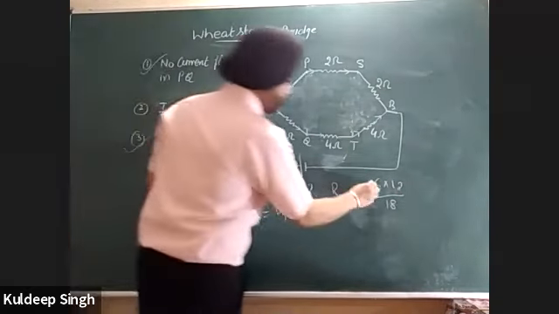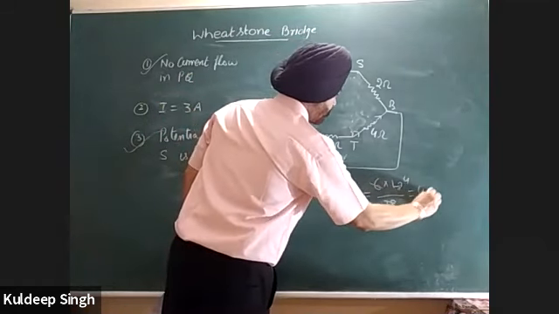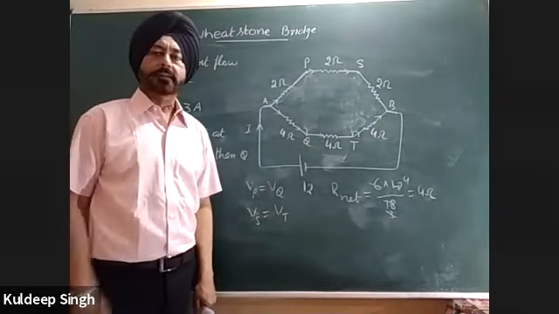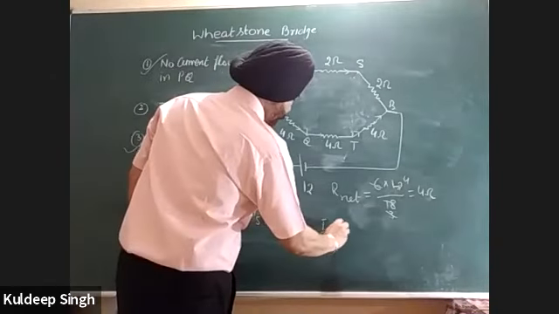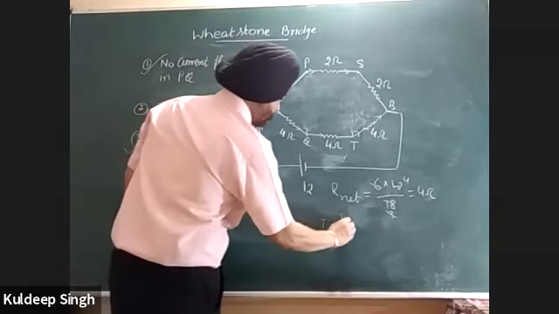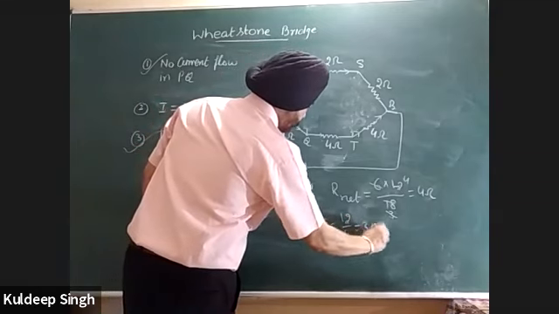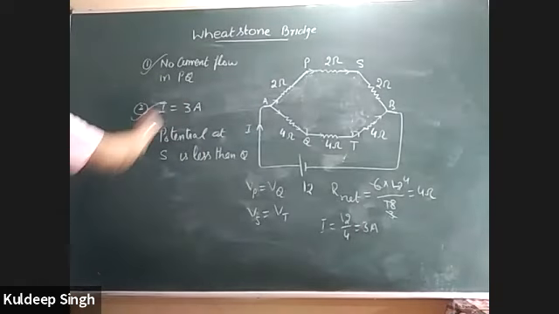So therefore it is 4. The total resistance in the circuit is 4. Therefore, what is the current? Potential by resistance, 12 by 4 equal to 3 amperes. So this is also correct.